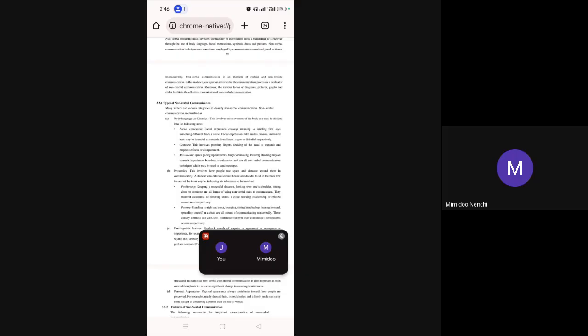Example, a student who enters a lecture theatre and decides to sit in the back row instead of the front may be indicating his reluctance to be involved.